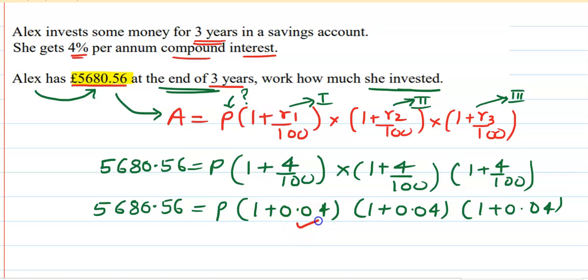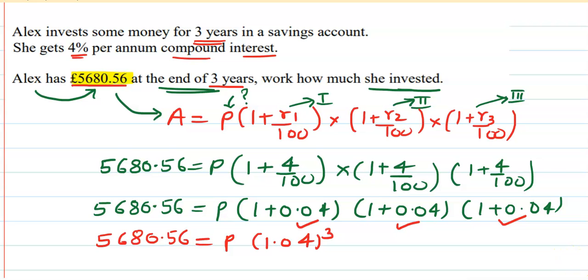So 1.04 from here, 1.04 from here, 1.04 from here. So it will be P times 1.04 to the power 3.